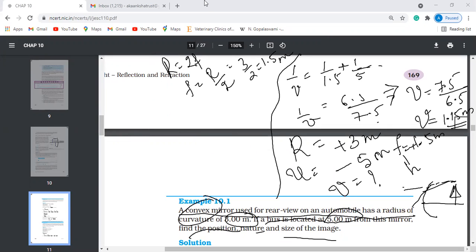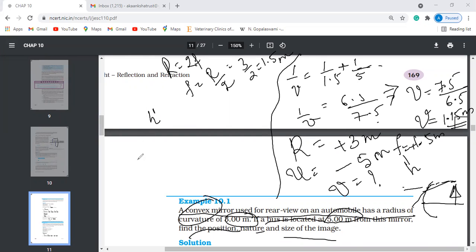Fine. Now you have the formula. So you need the nature of the image and the size of the image, correct? So you have to find h dash. How can you find it?